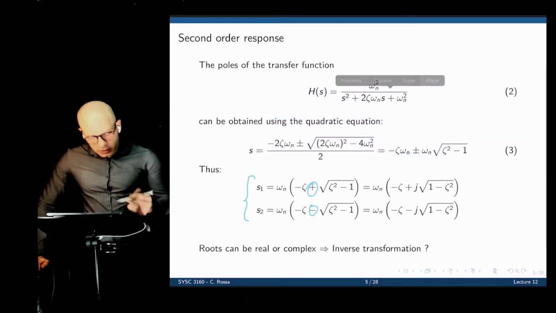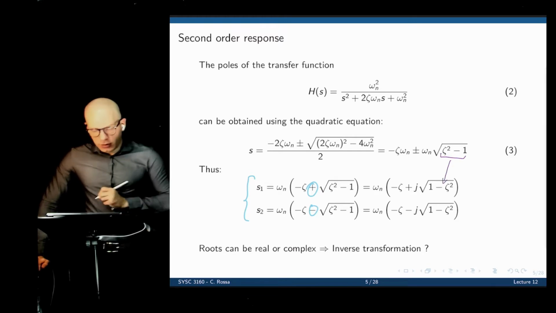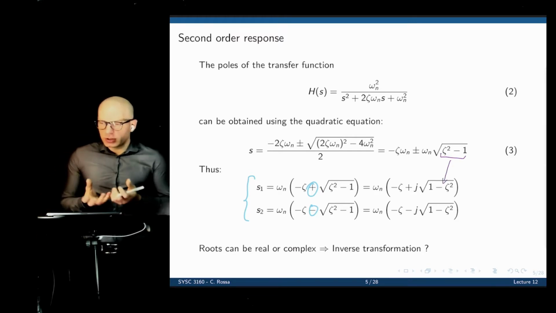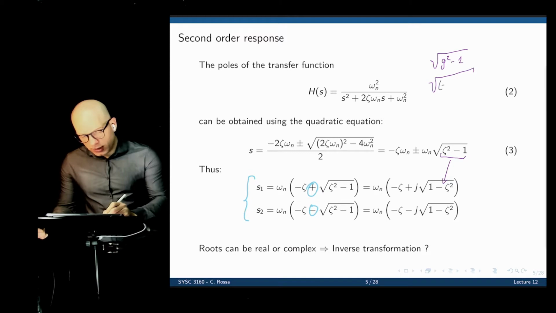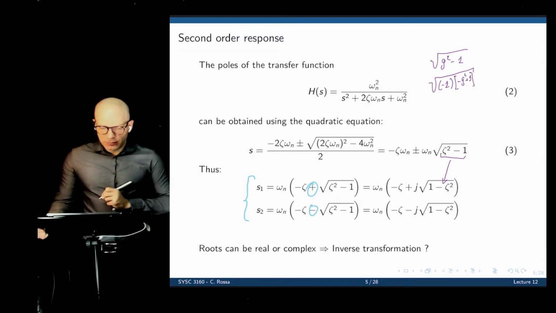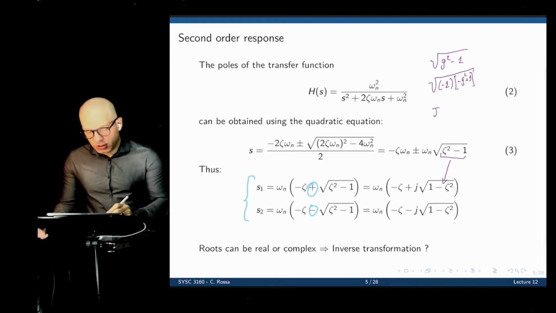You'll notice there's a slight difference here between what is inside of the square root. What I simply did here was to multiply everything by -1. So you have square root of zeta squared minus 1, which is the same as the square root of -1 times 1 minus zeta squared. The square root of -1 is the complex variable j.